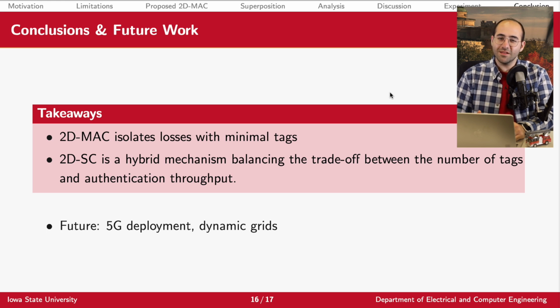This uses only m plus n tags for m by n messages and localizes the impact of packet loss, at the cost of more tags compared to 1D MAC. 2D superposition coding embeds row tags within the message, so only column tags remain separated. This reduces tag overhead, balancing the trade-off between the number of tags and the authentication throughput gains. We showed over 20% higher authenticated throughput compared to traditional MAC in moderate to high packet error rate regimes.